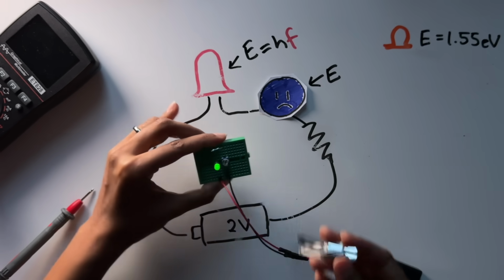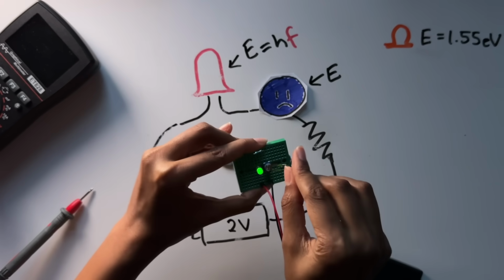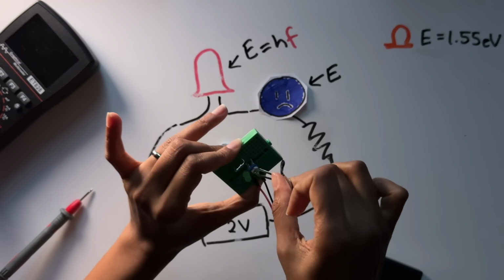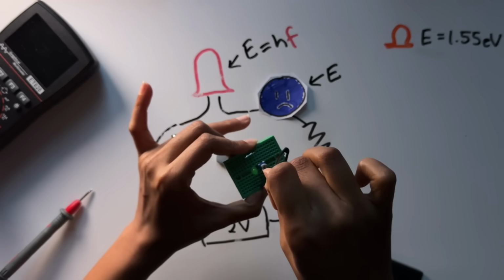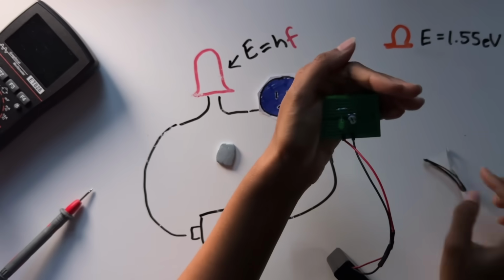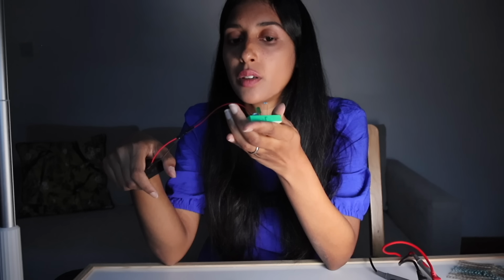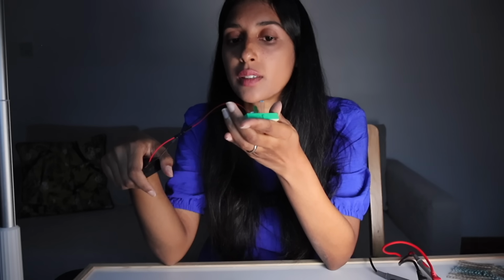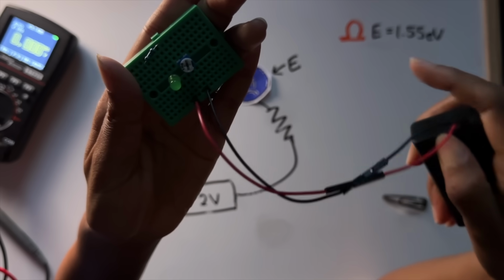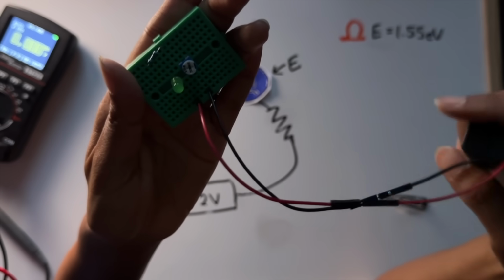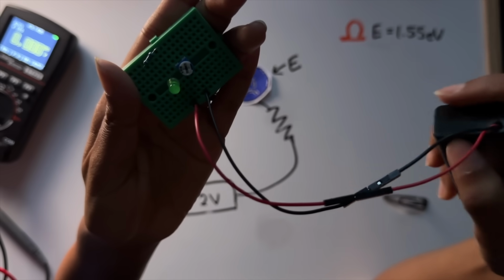Okay, so the green LED is on. Let's turn it off. Okay, that looked like it was off. Why is this happening? Okay, so at this low level of resistance, this green light is still on. It's very faint, but you can just about see that.